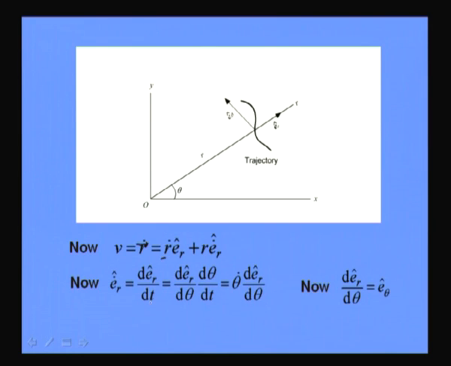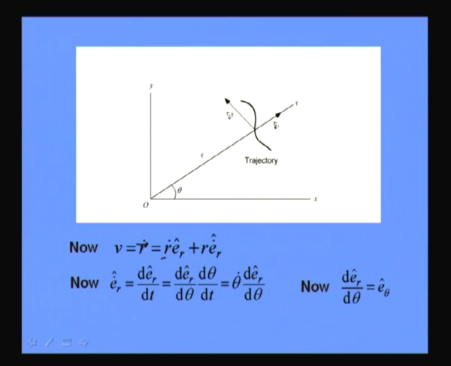Er dot can be written as der by d theta into d theta by dt, that is equal to theta dot der by d theta. Now, der by d theta can be written as E theta.